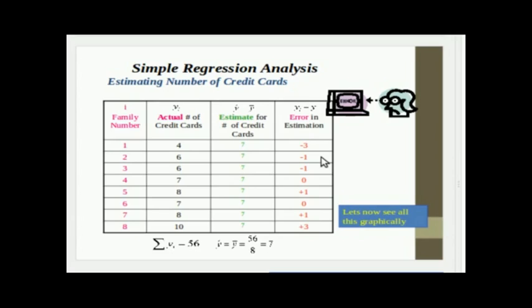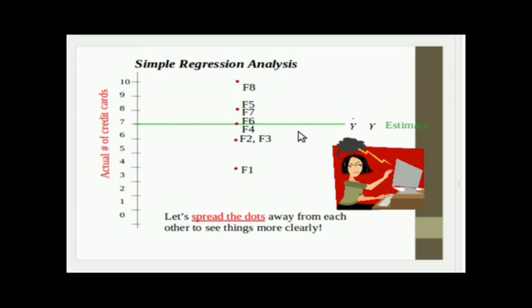Let's now see all this graphically. You know that our estimation error is 7, so it intercepts the axis of number of actual credit cards at point 7. We are indicating our estimated line with a green line.